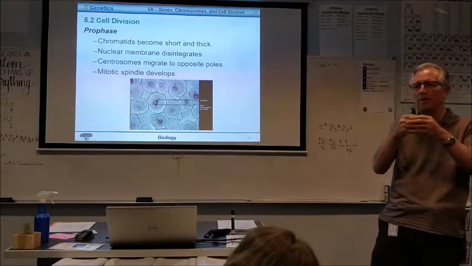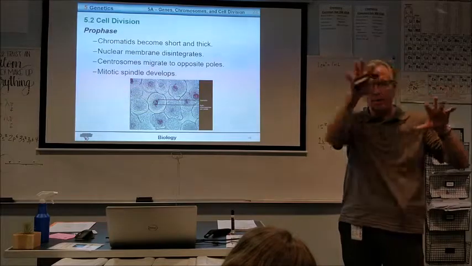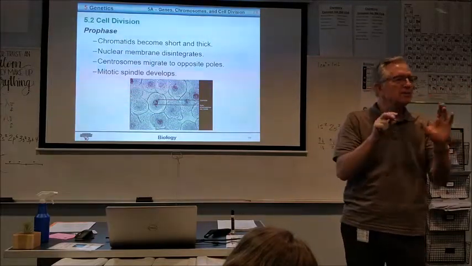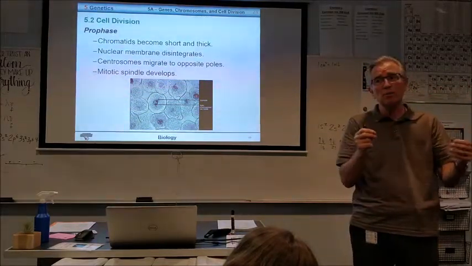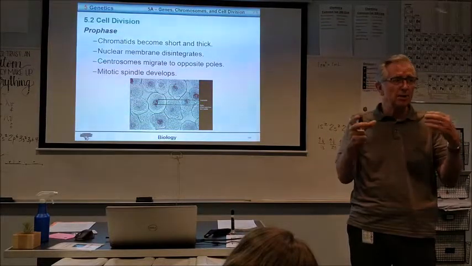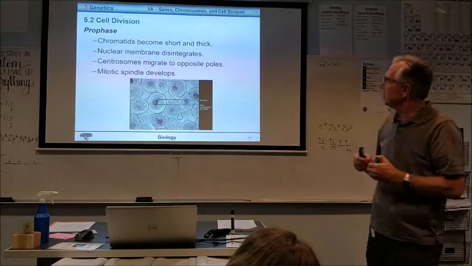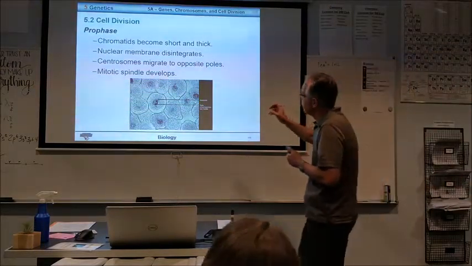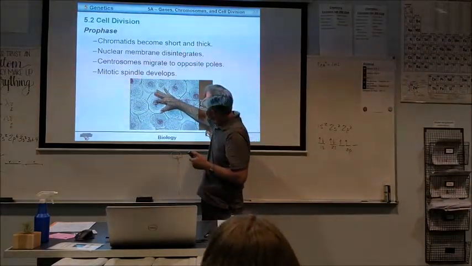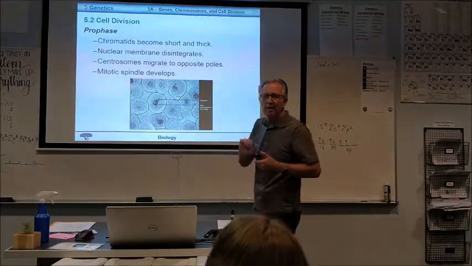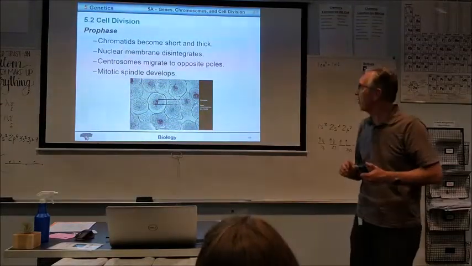The chromatin material up to this point was kind of, you couldn't see distinct chromosomes, but at this point they're starting to come together, thicken up, coil up, and so you're going to actually start to see chromosomes inside the nucleus of the cell.